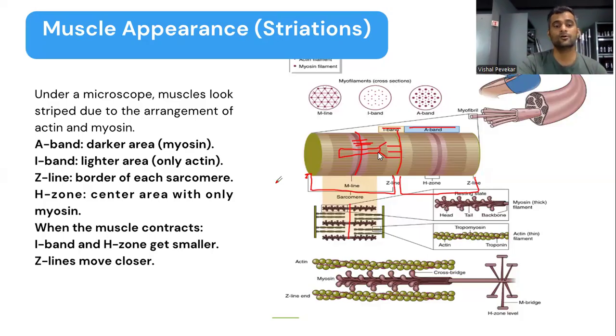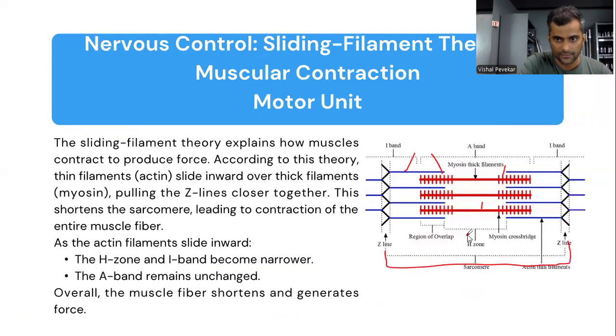So when the muscle contracts, what happens is the distance of the I band and the H zone changes. I don't see the H zone here, this is not such a great picture, let me find it.